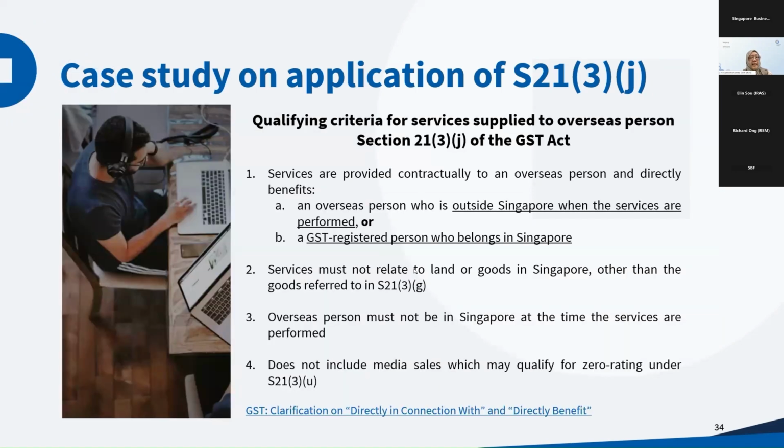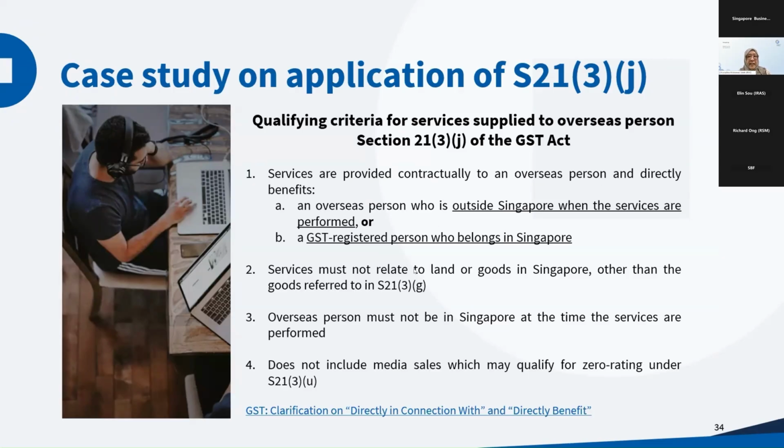Okay, I now have a second case study, for the application of section 21(3)(j). It's quite similar to 21(3)(g), but there are certain details that you need to look out for lah. For section 21(3)(j), your contract must be with an overseas person.